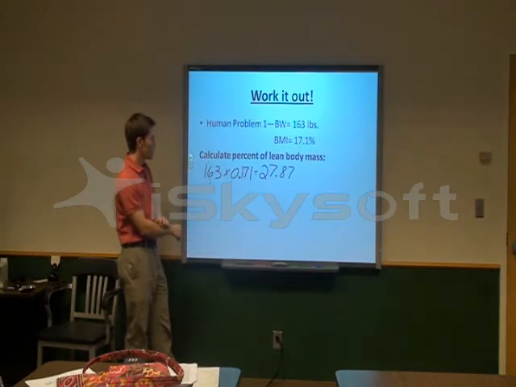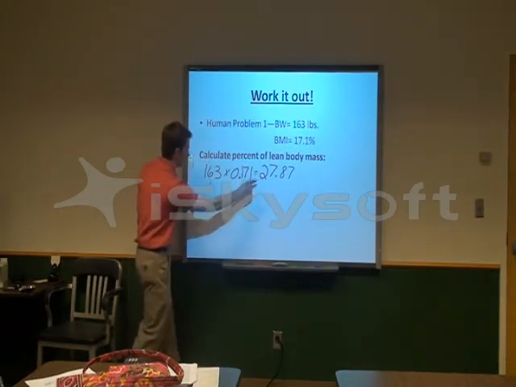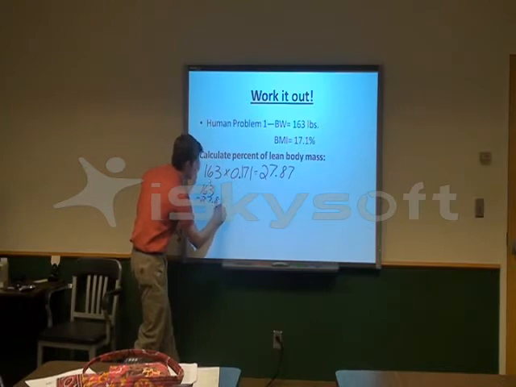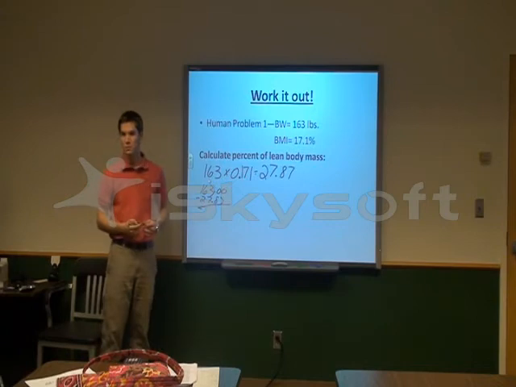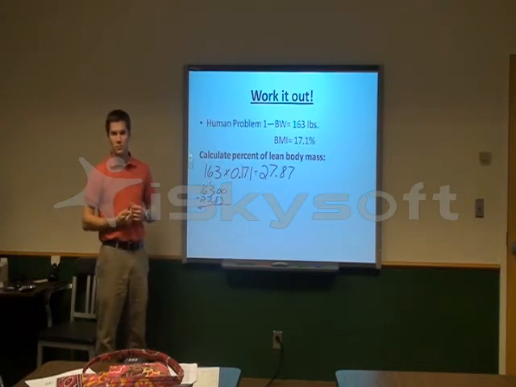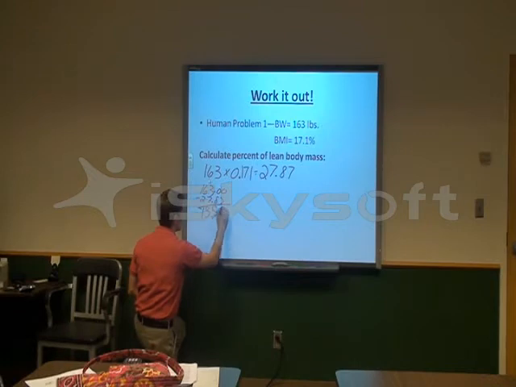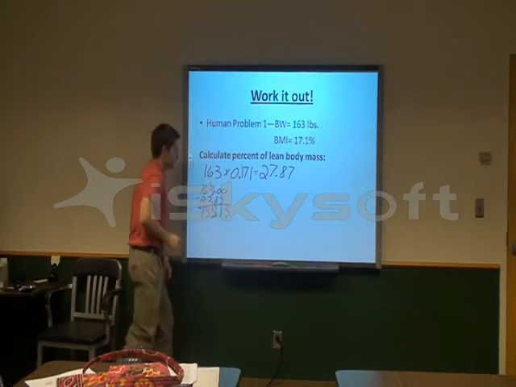If you're under 21. And then we'll take those pounds subtracted from our total, 163 minus 27.87. That gives us 135.13.